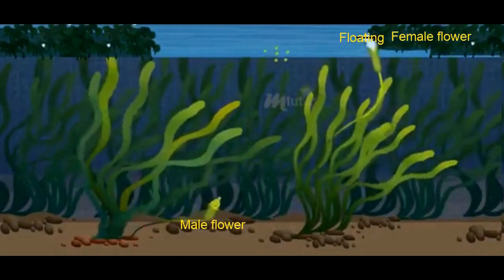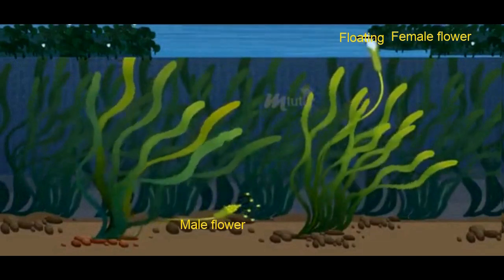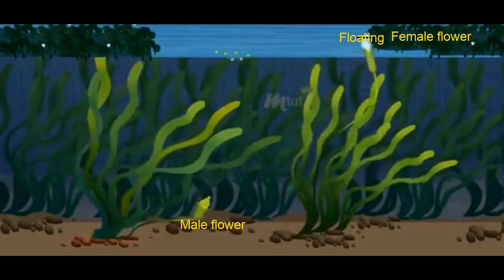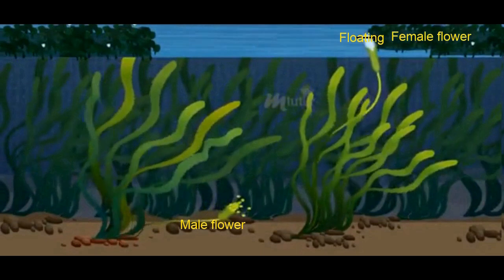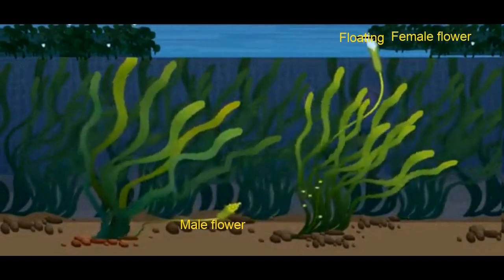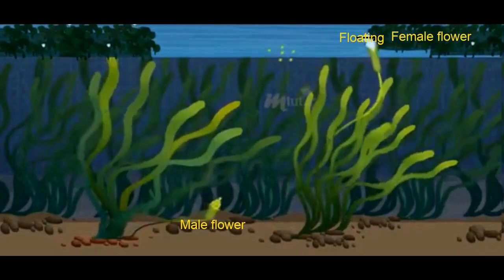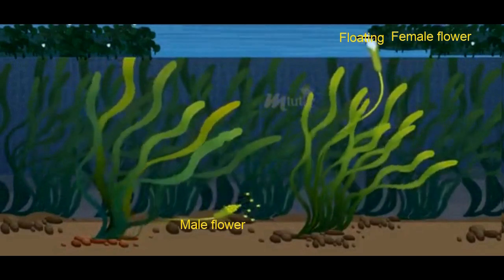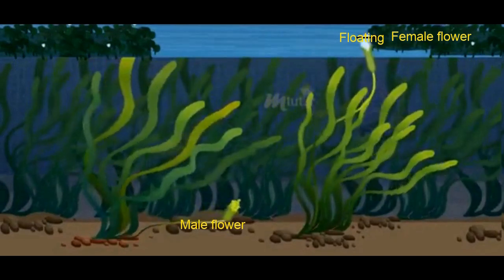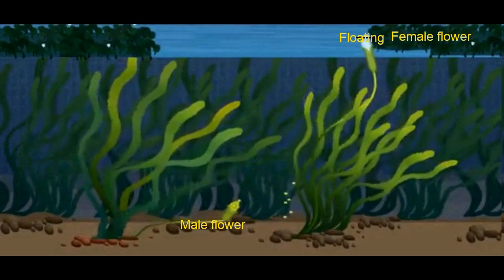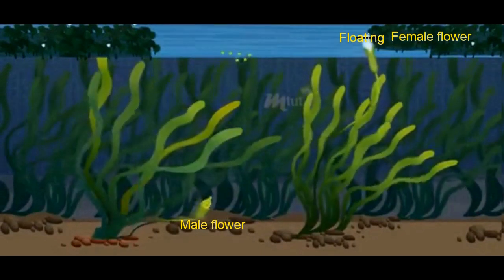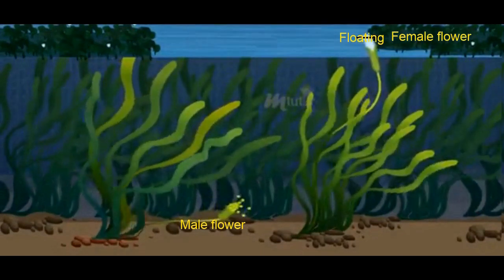Male flowers are submerged and after breakage they float on the surface of water. Pollen grains are released onto the surface of water and are carried passively by water currents. Some of them eventually reach the female flowers and the stigma. Thus, pollination occurs in Vallisneria.